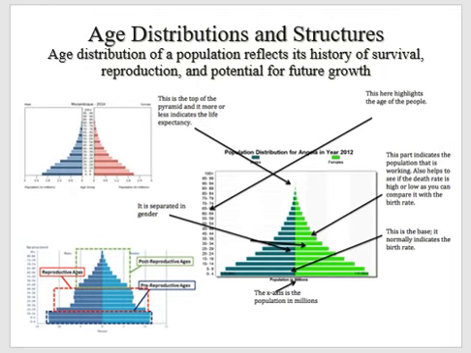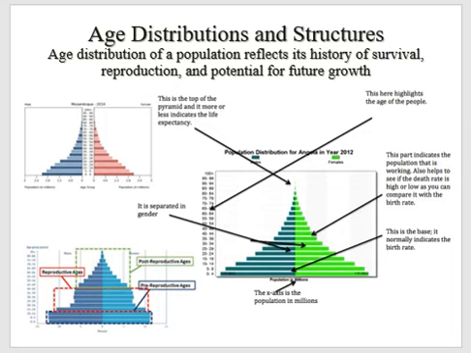Again, these are used as one of the tools to help understand population structure and also make predictions about how it may grow or change in the future. The age structures are also called population pyramids or age pyramids, though they are not always shaped as pyramids, so don't be misled by that.